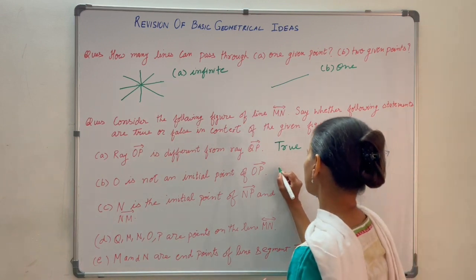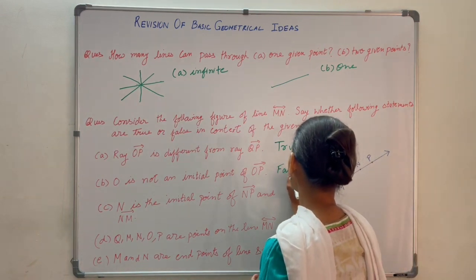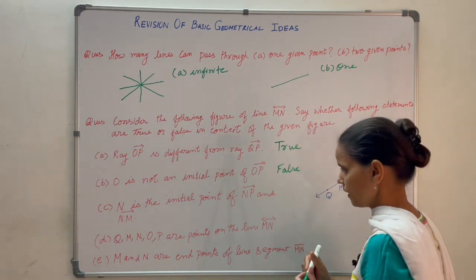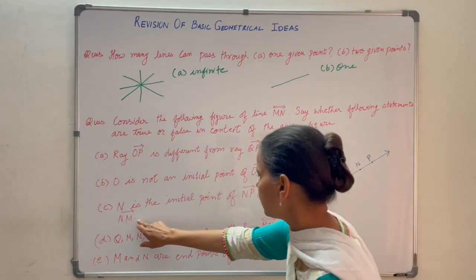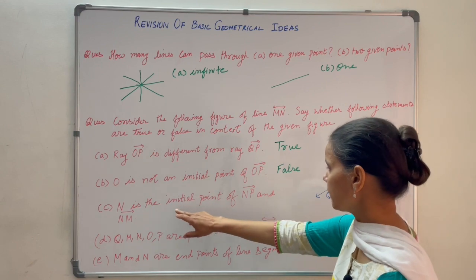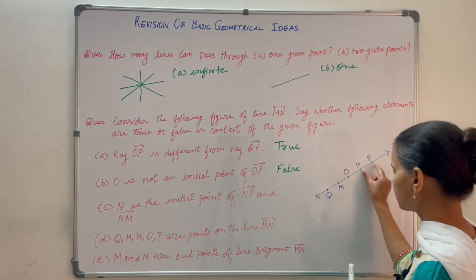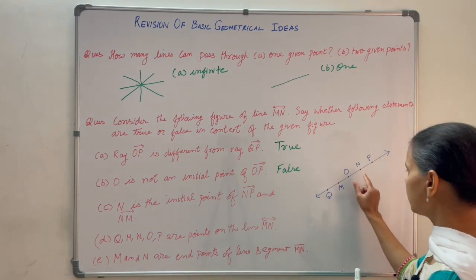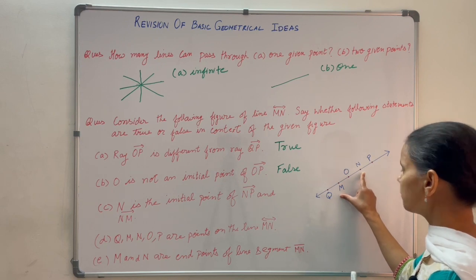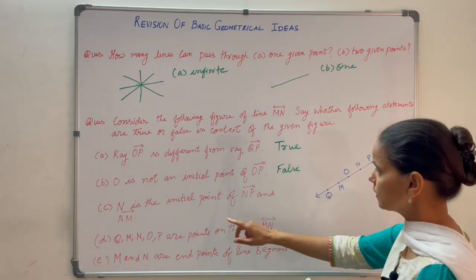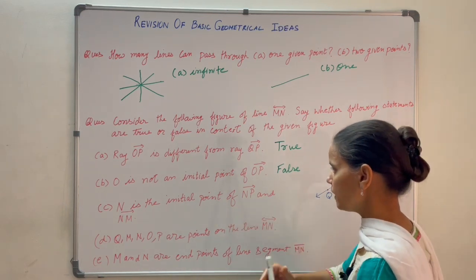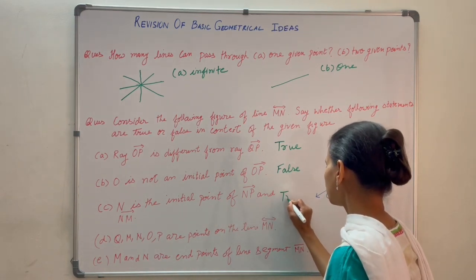It is the initial point of the ray OP. Next: N is the initial point of NP and NM. You can see ray NP is here, and ray NM is here. They both have the same initial point N. So the answer is true.